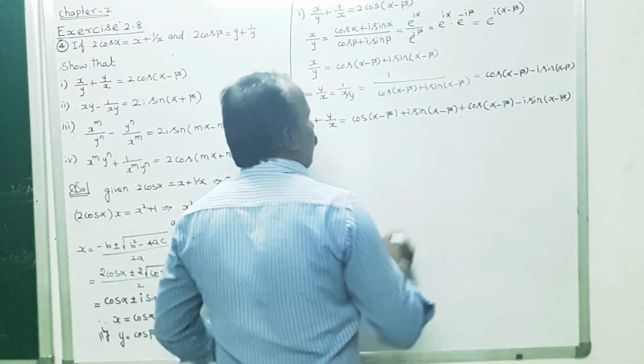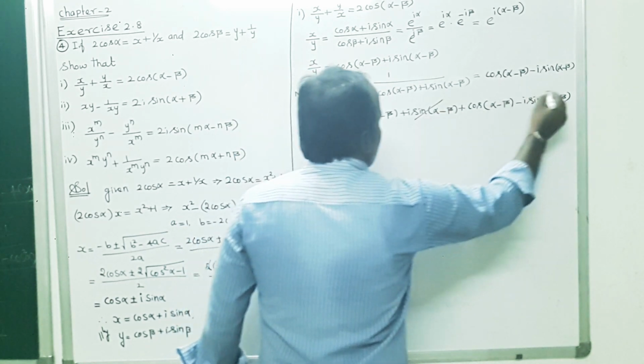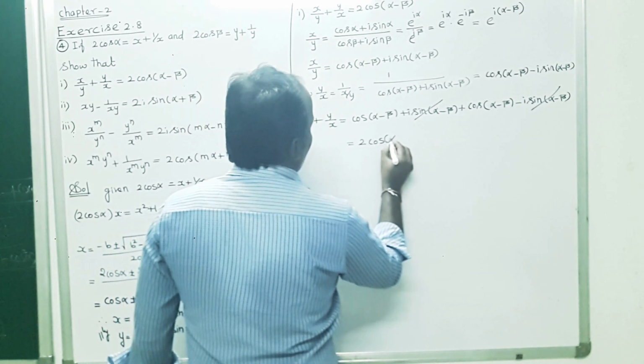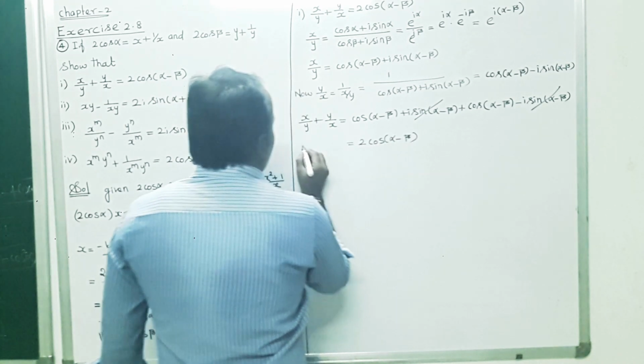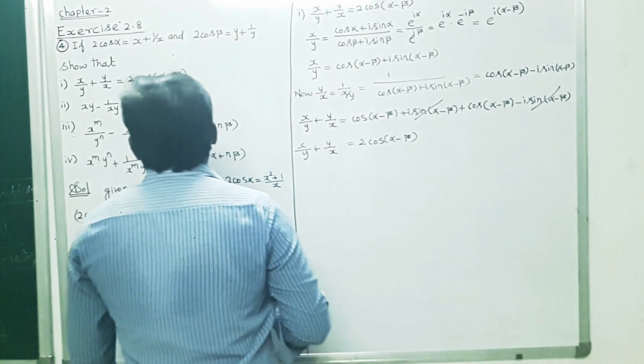This one is a positive value and this one a negative value, so the sin values cancel. The remaining value is 2 into cos of alpha minus beta. We get the result of the first subdivision. Next, going to the second subdivision.